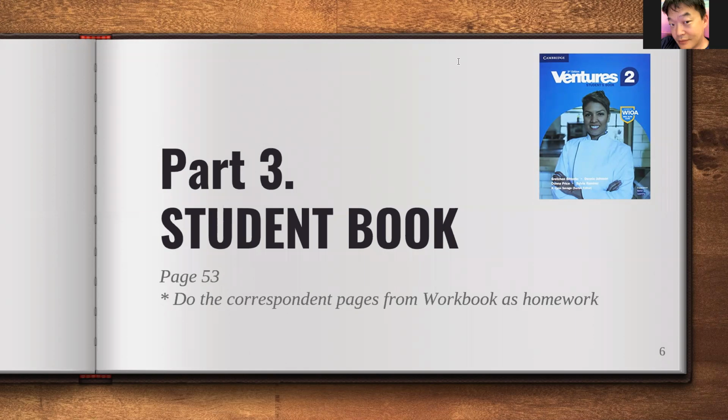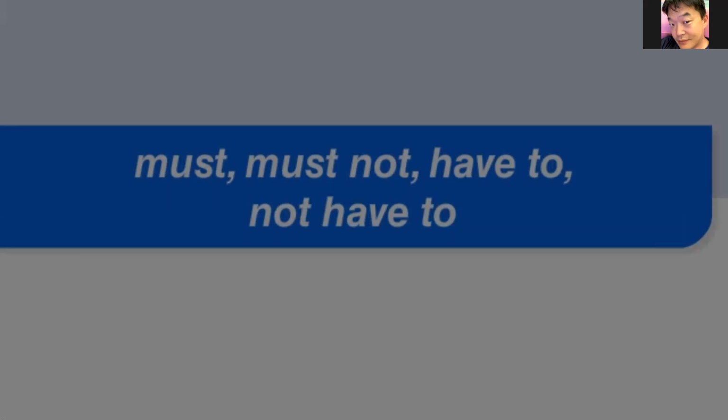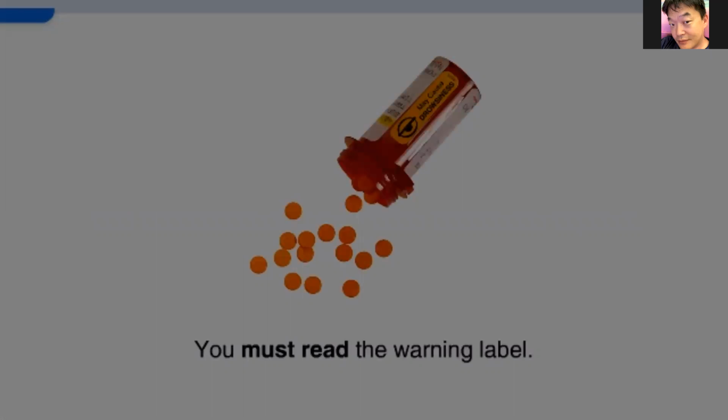Watch the video. Must, must not, have to, not have to. Unit 4, Lesson F. Watch and listen. Grammar Rule 1. Use must and have to indicate an action is required. You must read the warning label.